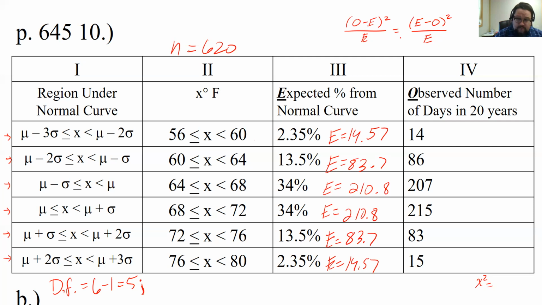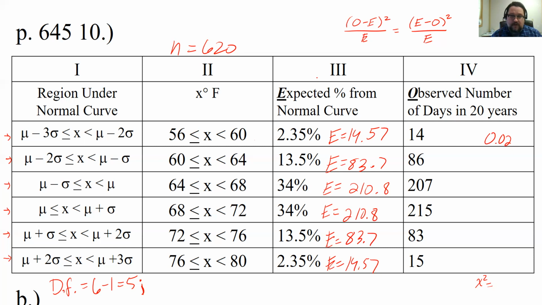And again, since the expected values aren't real data values, how can I get 14.57 days of that temperature? Well, it's either a day of that or not. I'm going to go to 2 decimal places for this because the chi-squared table sometimes uses 2, sometimes 1.